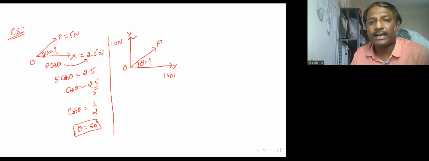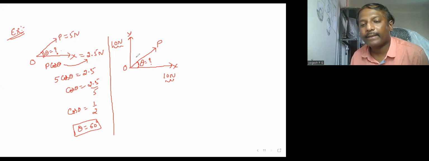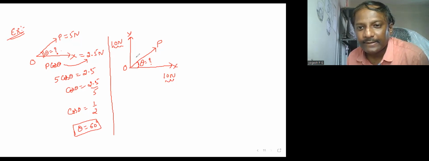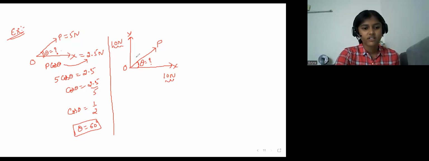One is along x-axis, the other one is along y-axis. One is 10 Newton, the second one is 10 Newton. What is theta? 45. Yeah, very good. 45 degree.